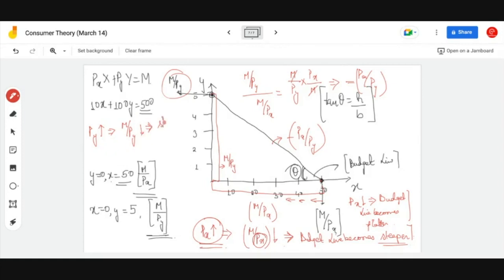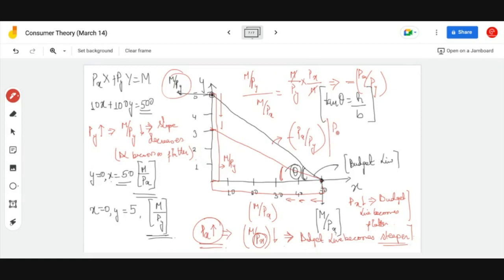The slope decreases, right? So our budget line becomes flatter. Clear?